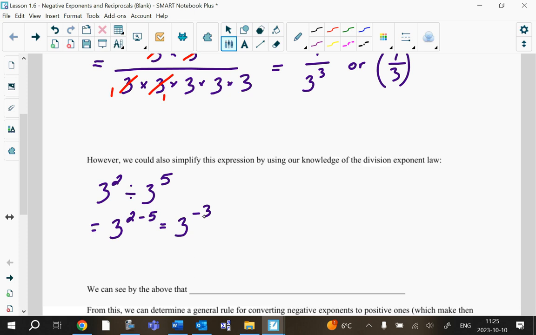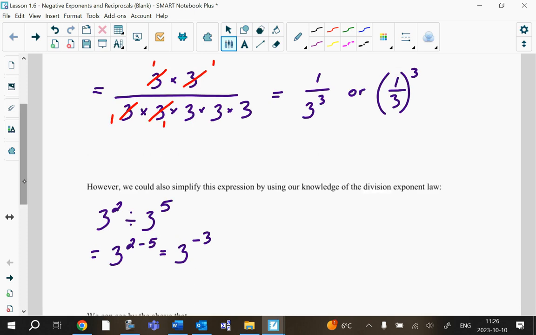And I get a negative exponent. So 3 to the 2nd divided 3 to the 5th can either work out to this or this. Even though they look different, these mean the same thing. Because they're both the answers that we get when we do 3 squared divided 3 to the 5th.